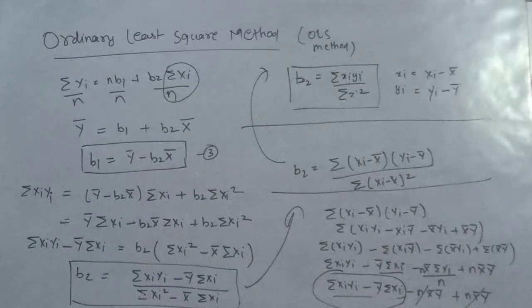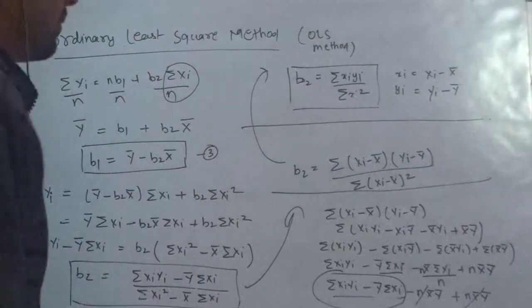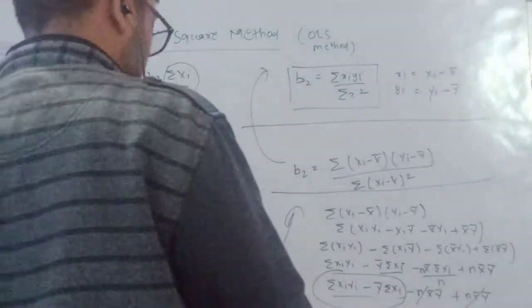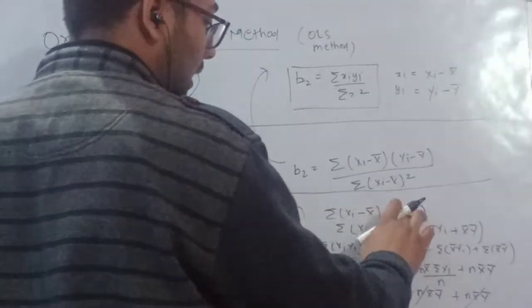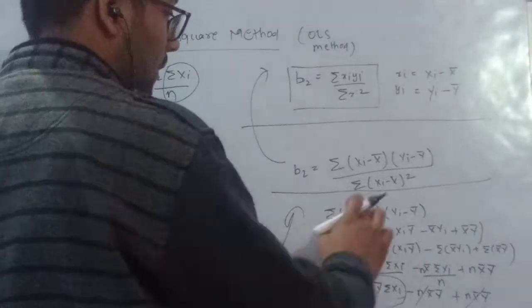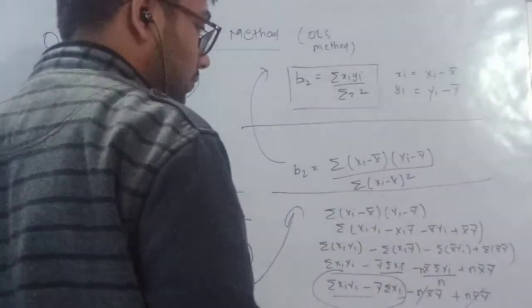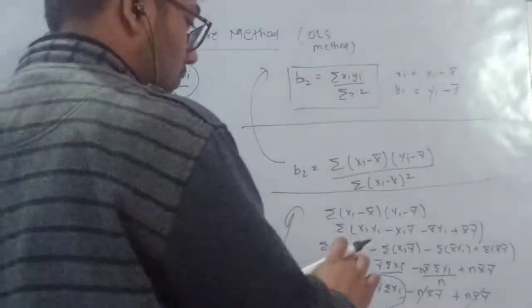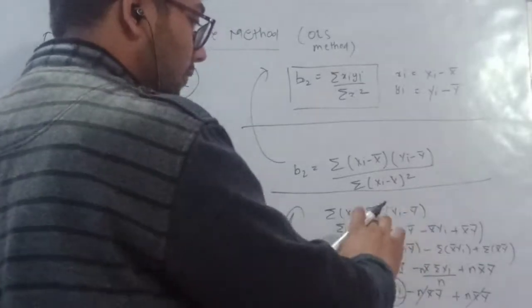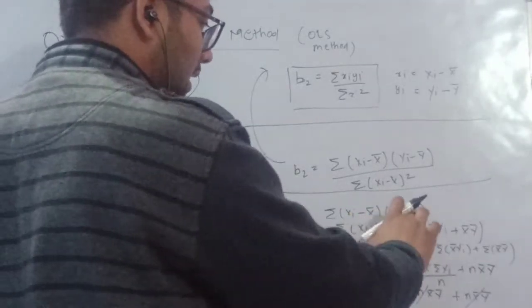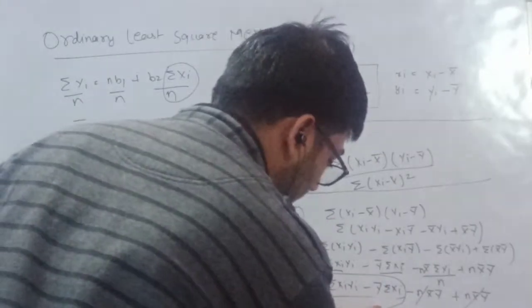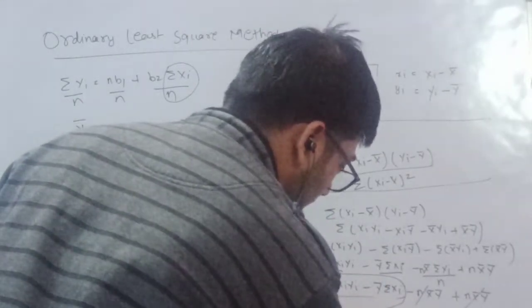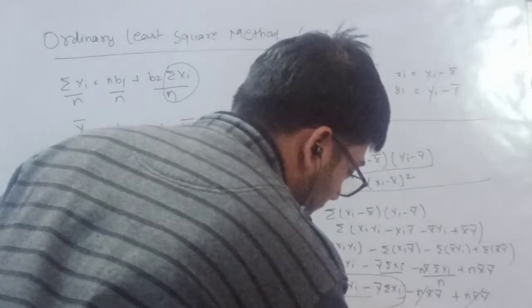Now for this, here will be xi and x bar, xi and x bar. So you can replace the term from yi to xi and y bar to x bar. What will come? xi, x bar, xi.